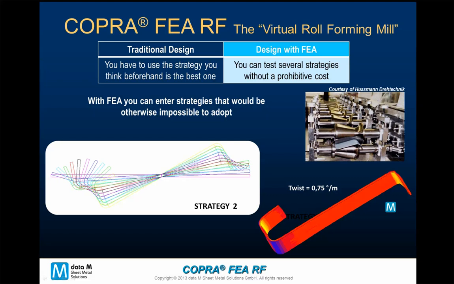And you can see here ultimately the strategy that we selected, we're able to achieve 0.75 degrees twist per metre, obviously drastically reduced, and no roll tools are manufactured at that stage.